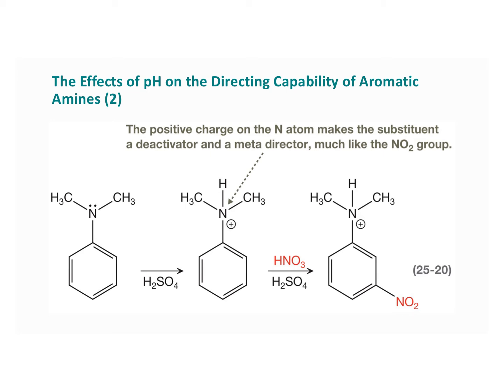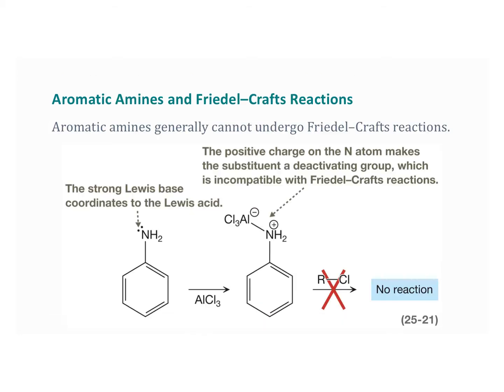Now, we have a similar phenomenon that can occur when a strong Lewis acid is present. For example, even though aniline, shown here, possesses a highly active NH2 group, it's really incompatible with Friedel-Crafts reactions, okay? So this is not going to undergo a Friedel-Crafts reaction. The amino group is a relatively strong Lewis base, right?